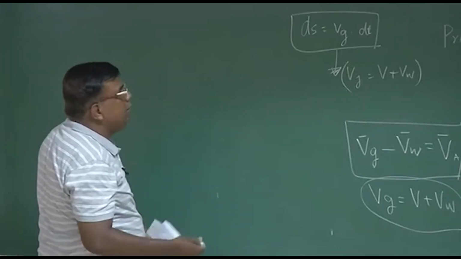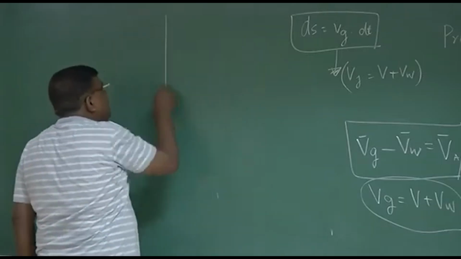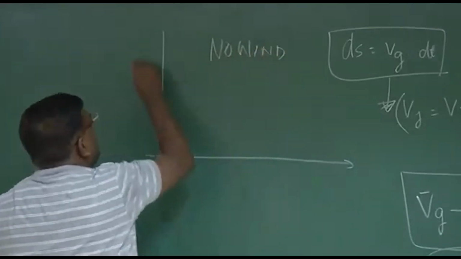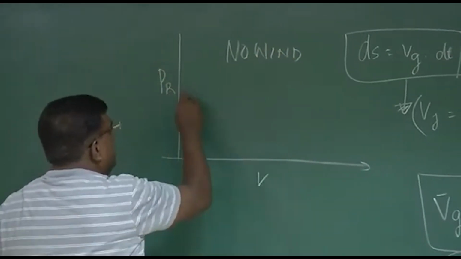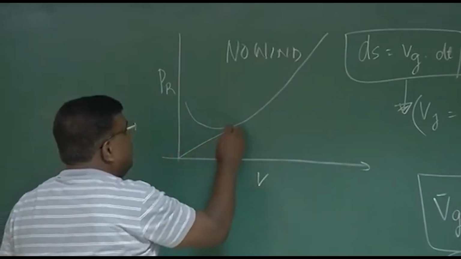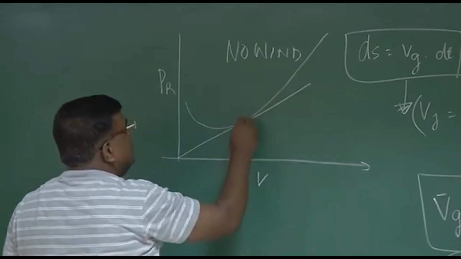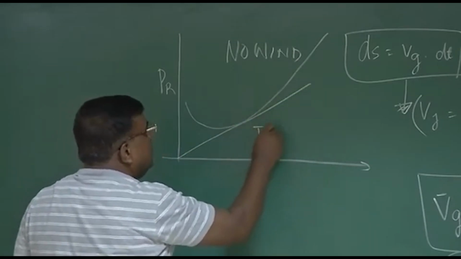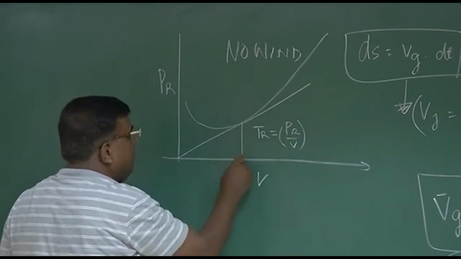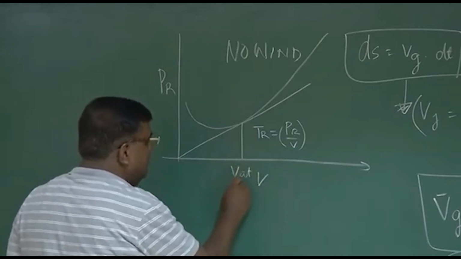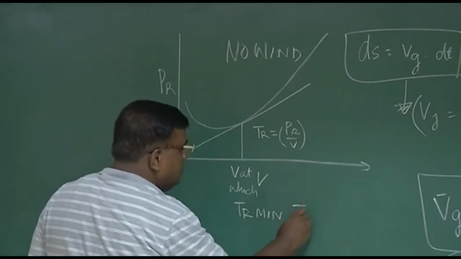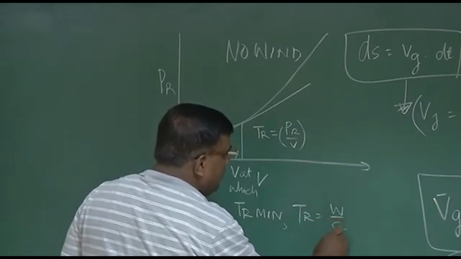There is a very simple way to interpret this. Let's say no atmospheric wind, PR, and this is V. I know this is the power required versus velocity, and when I draw this tangent, the slope is TR equal to PR by V. So this is the speed at which thrust required is minimum, and you know thrust required equal to W by CL by CD.